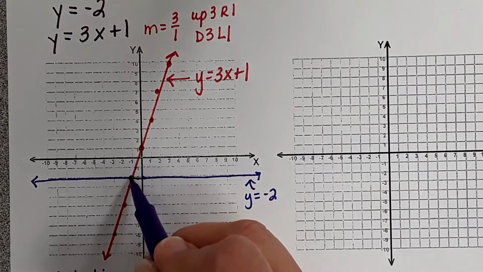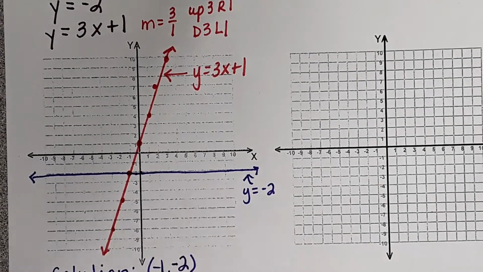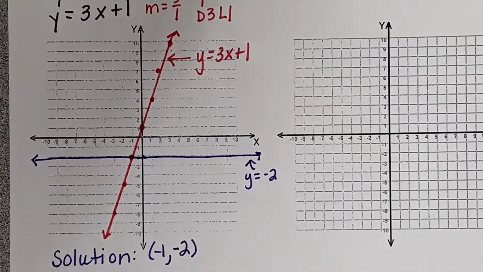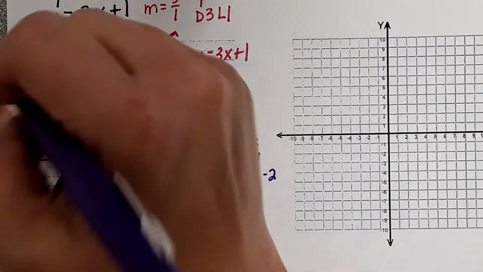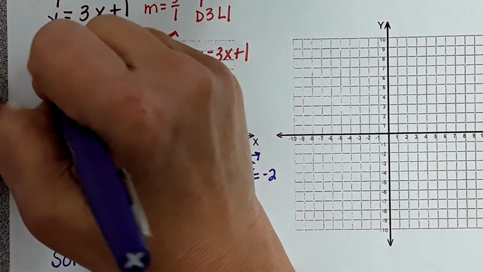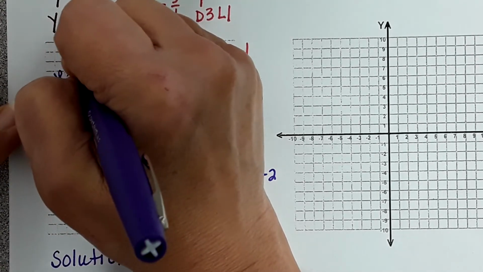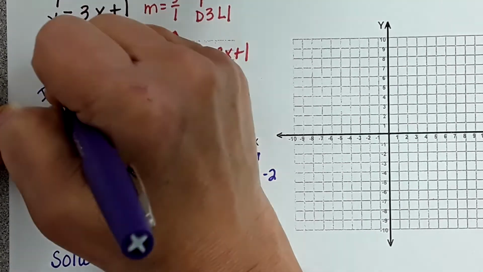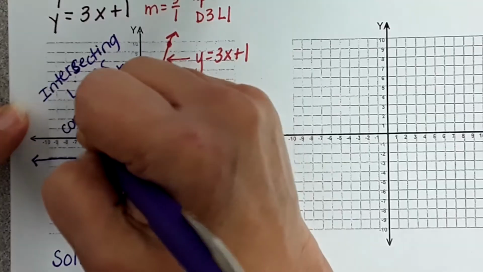So I went over to -1 and I went down to -2. That's my solution. That means if I plug -1 into that equation, I will get -2 in both of those. They have exactly one solution, and they are consistent and independent.